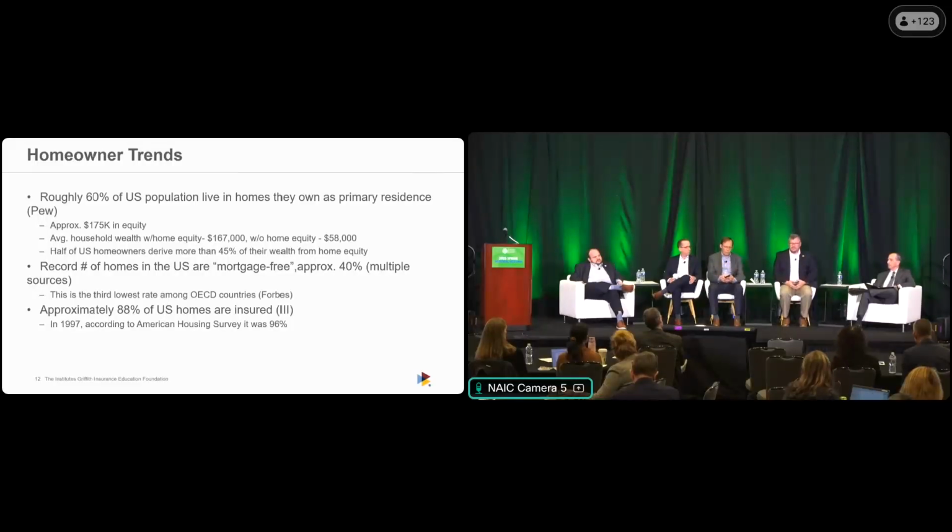Well, that's actually the third lowest in most of the developed countries. There are a lot of people in other countries that have a lot more mortgage-free households. So we end up with something that is expensive, something that people really need, and something that for a lot of people is required, right?